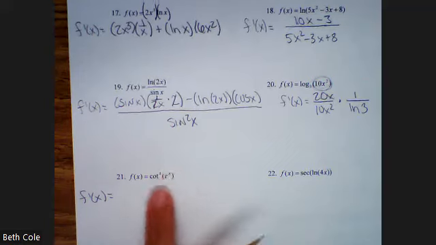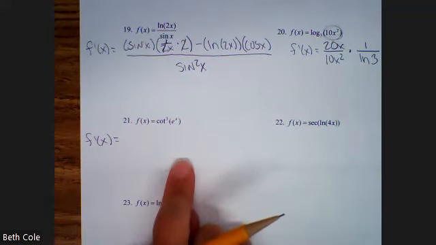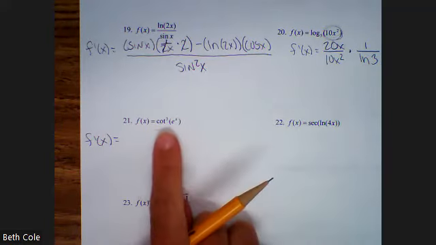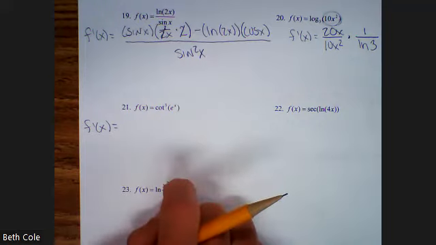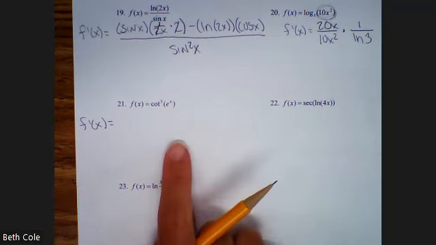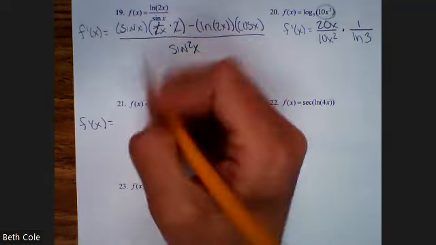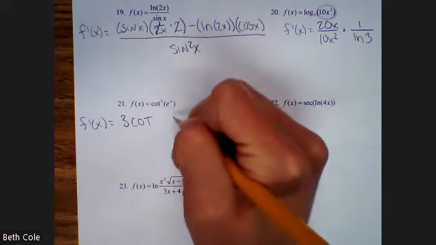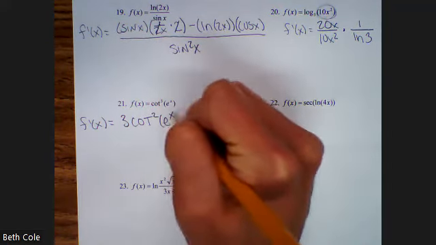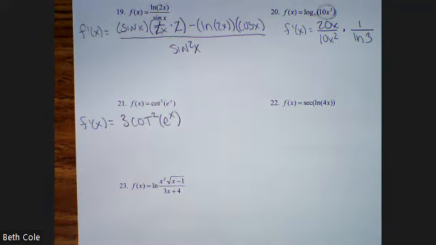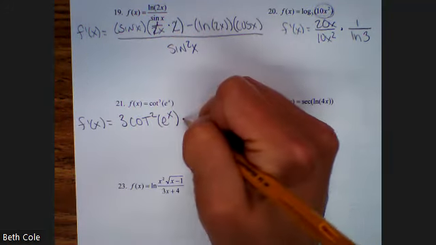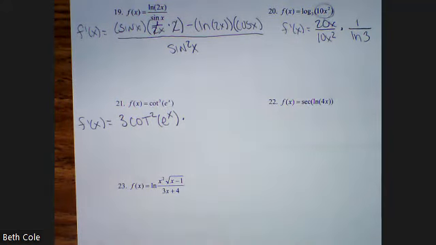All right, how many links are in the chain here? 3. Which one goes first? Exponent. Bring the exponent down. It's going to drop to a 2. Leave everything else the same. Chain on derivative of cotangent.